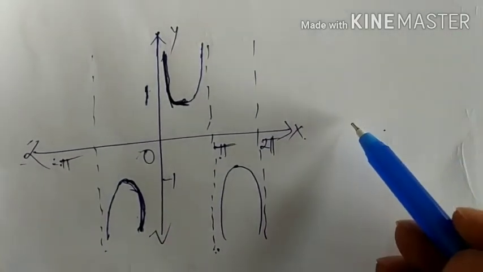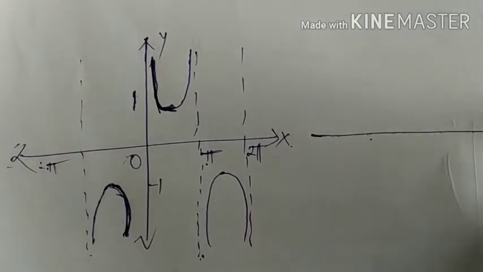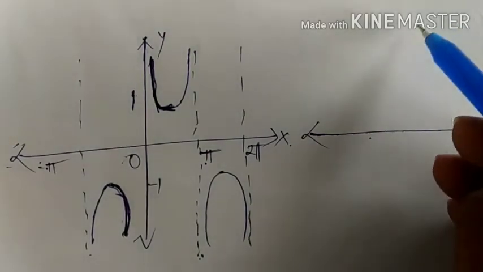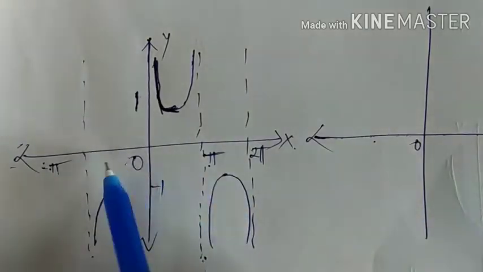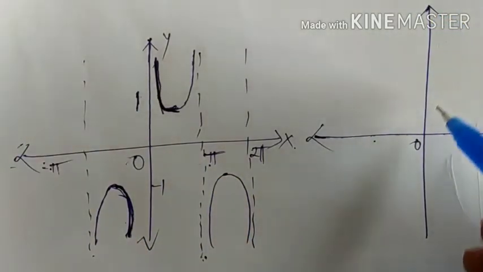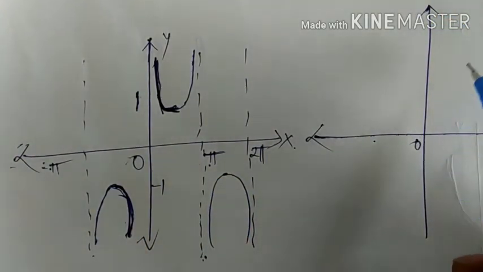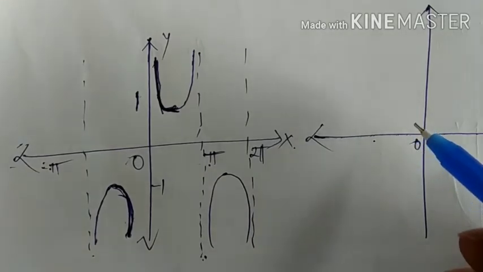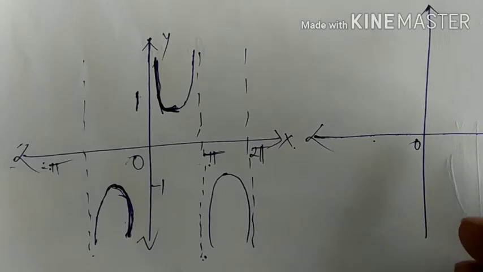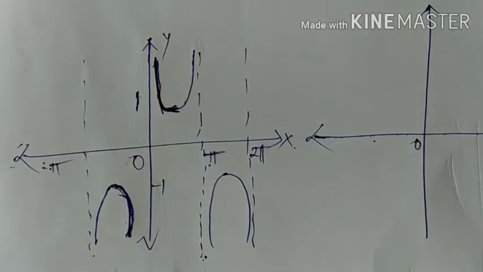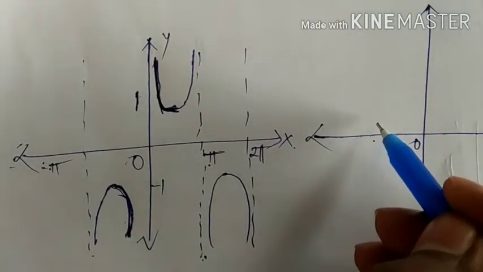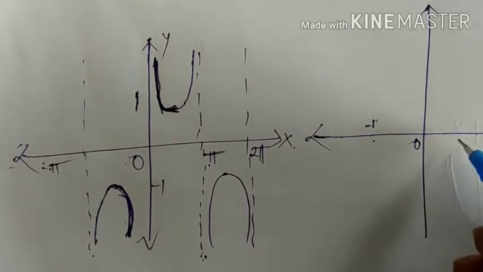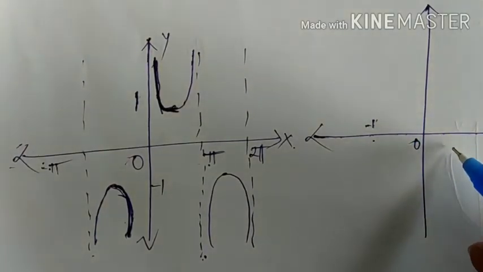So the inverse of this cosecant function is like this. The intervals on the x-axis come on the y-axis and the values on the x-axis, right? So here these values come like this. This is -1 and this is 1.